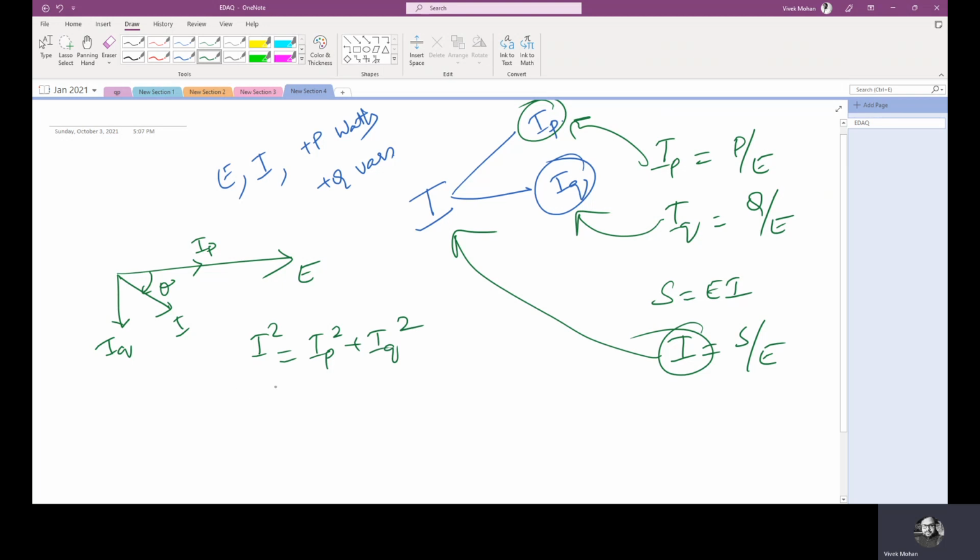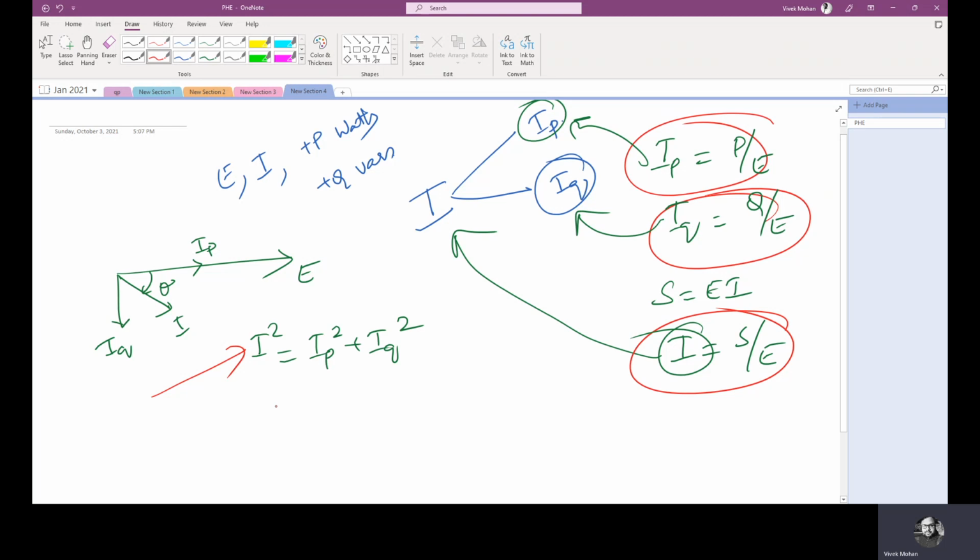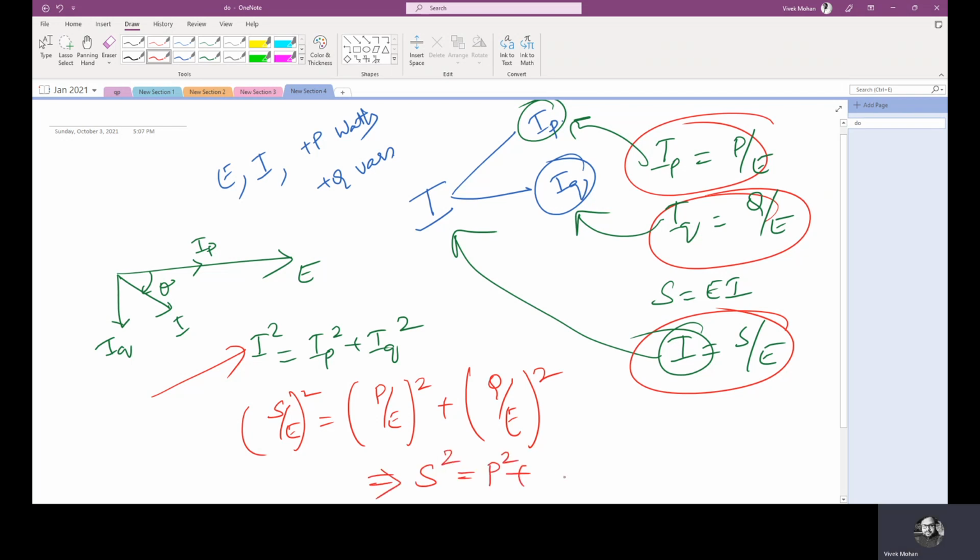From these definitions, this equation can be rewritten as S by E the whole squared equals P by E the whole squared plus Q by E the whole squared, which implies S squared equals P squared plus Q squared. So this is the relation between apparent, active and reactive power.